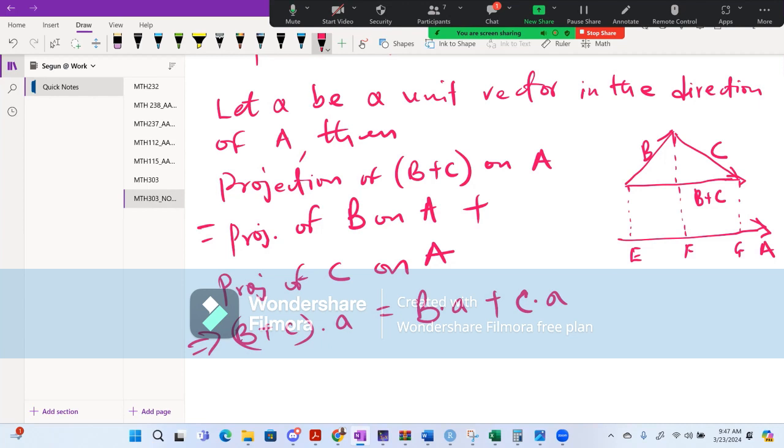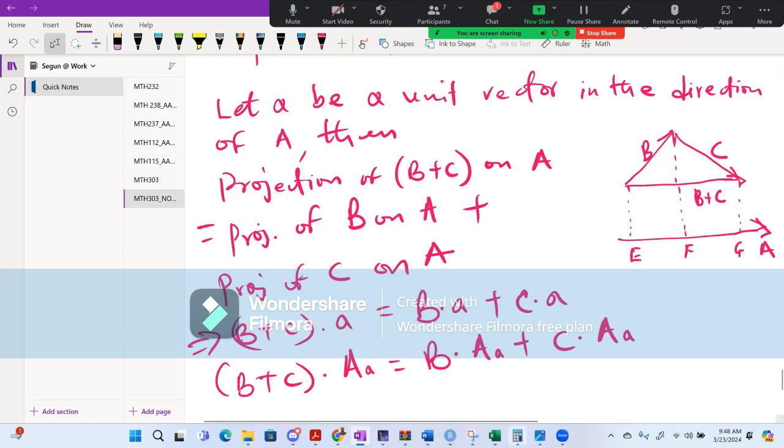We have (B plus C) dot capital A small a equals, small a being the projection, B dot capital A small a plus C dot capital A small a.